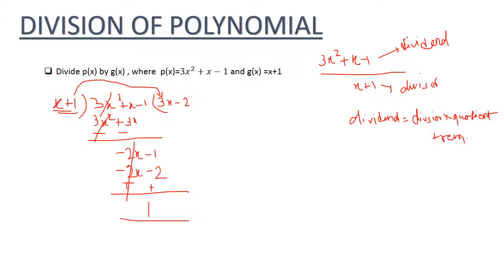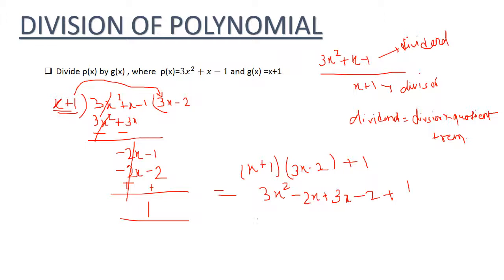Now we have to check whether we have divided correctly or not. So multiply divisor into quotient plus remainder. x plus 1 into 3x minus 2, plus 1. x into 3x is 3x square, x into minus 2 means minus 2x, plus 3x minus 2 plus 1.